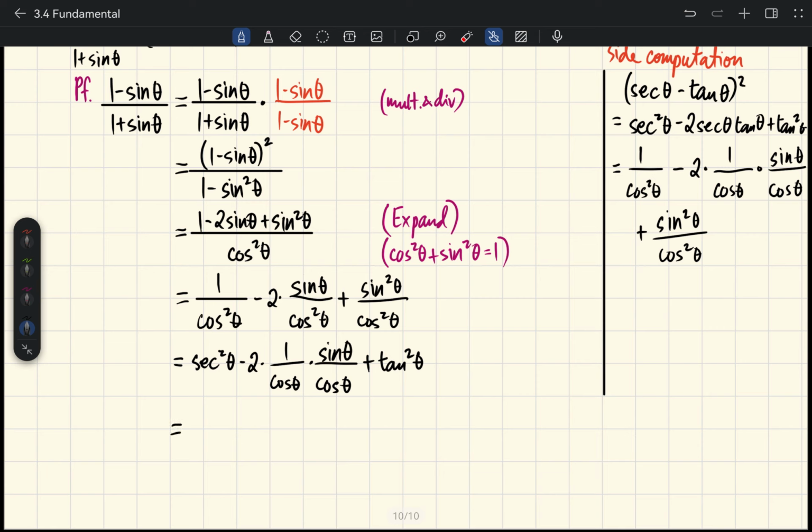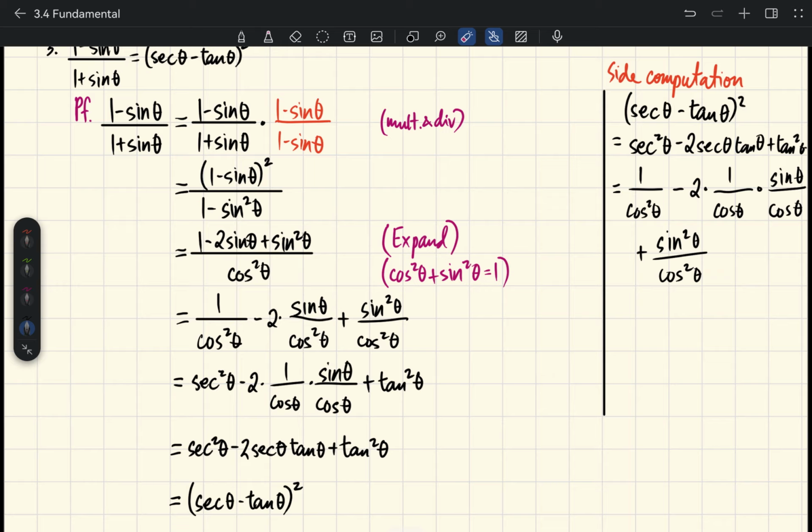Then finally, we have secant squared theta minus 2 times 1 over cosine theta, that's just secant theta, and sine over cosine is just tangent, and plus tangent squared theta. And finally, we can write this as secant theta minus tangent theta raised to 2 by this part right here.